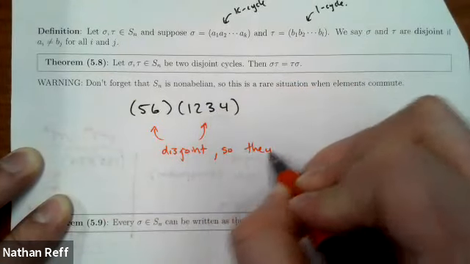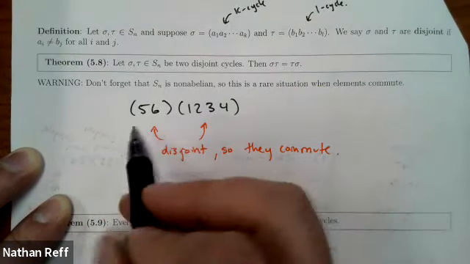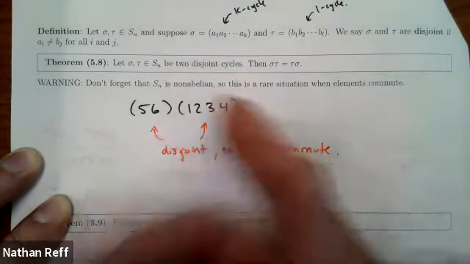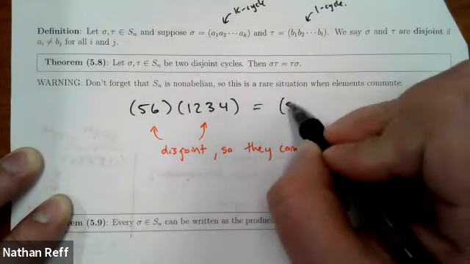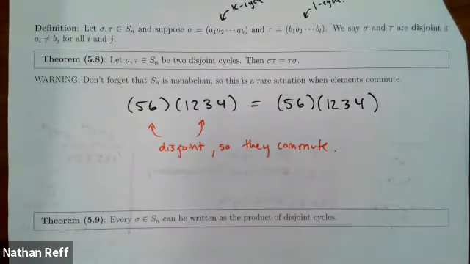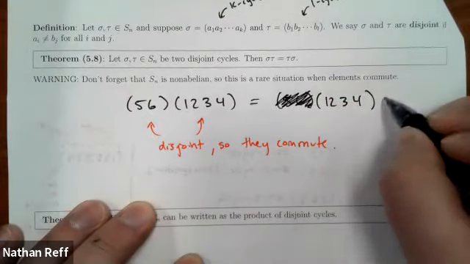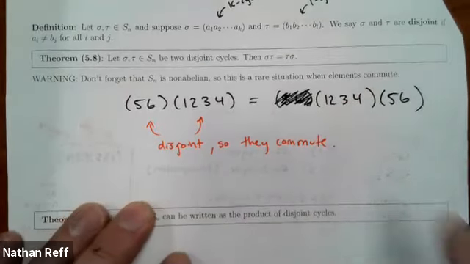So they actually do commute. There's no 5 over here, there's no 6 over here, and vice versa, right? So this is actually equal to 5, 6, 1, 2, 3, 4. I just wrote the same thing. Not that that's false, but that's not interesting, right? That's the interesting thing.